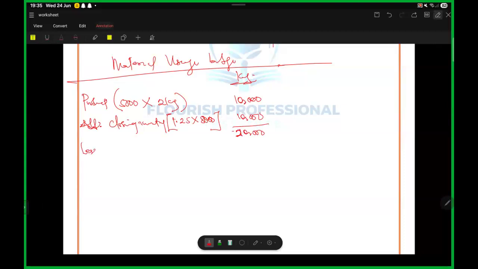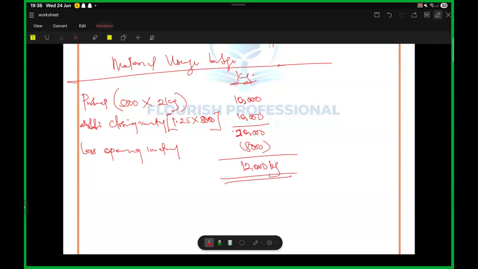Then we will less the opening inventory. The opening stock was given as 8,000 here. When you deduct it, you will get your material usage. So the material usage should be 12,000 kg. The material that you have to use is 12,000.